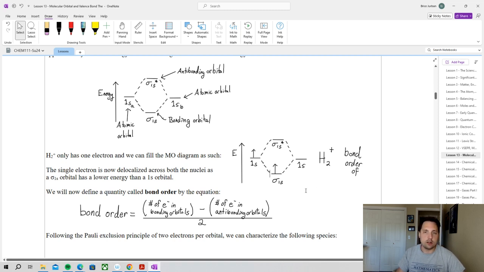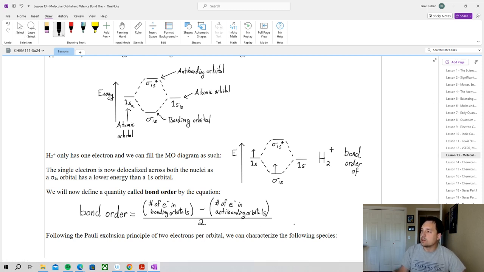What is the bond order of the hydrogen molecular ion? Well, the bond order is calculated by taking the number of electrons in all of the bonding orbitals and subtracting from it the number of electrons in the anti-bonding orbitals, and then dividing through by 2. Since there is 1 electron in the bonding orbital, sigma 1s, and there's 0 in the anti-bonding orbital, sigma 1s star, the equation comes out to 1 minus 0 divided by 2, giving the hydrogen molecular ion a bond order of 1/2.